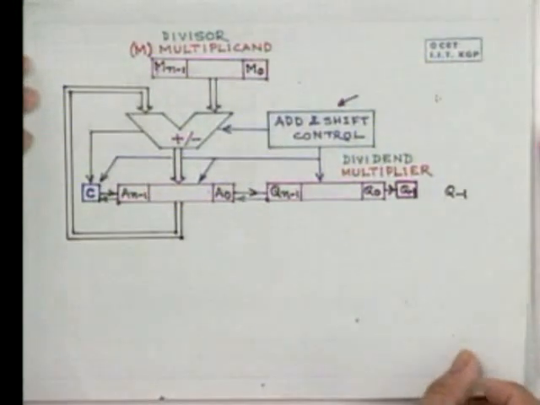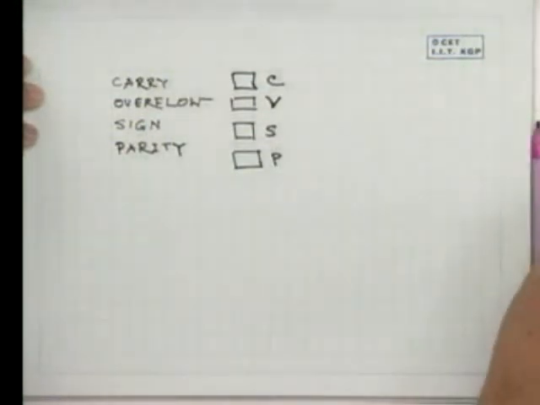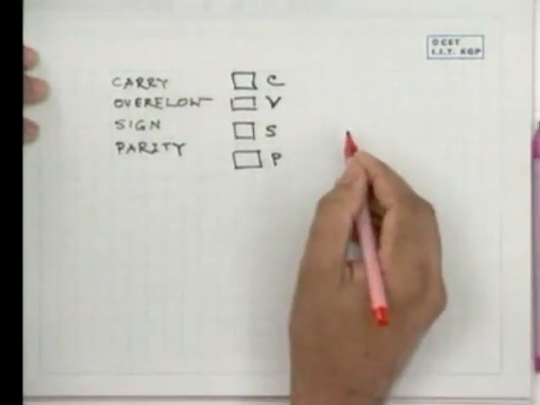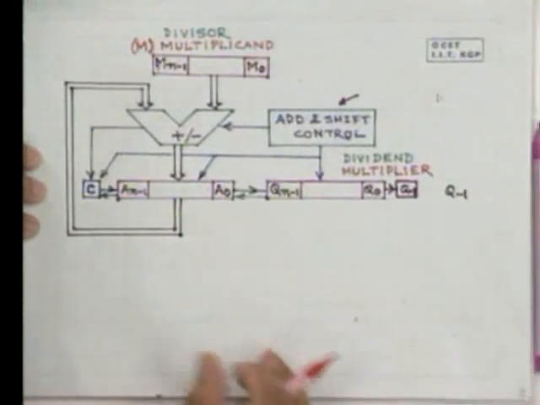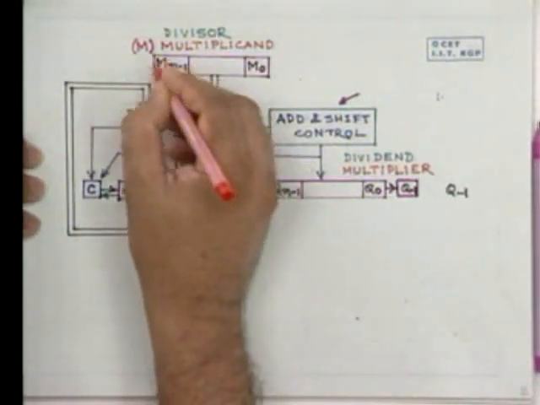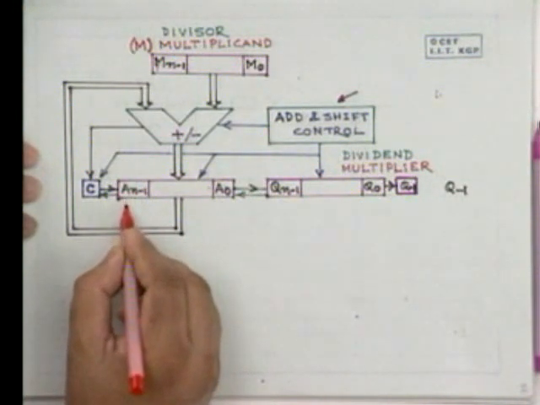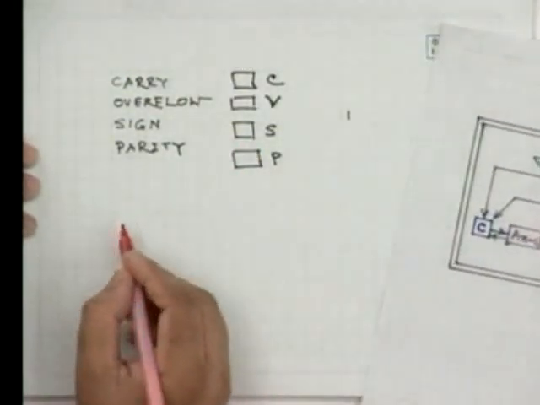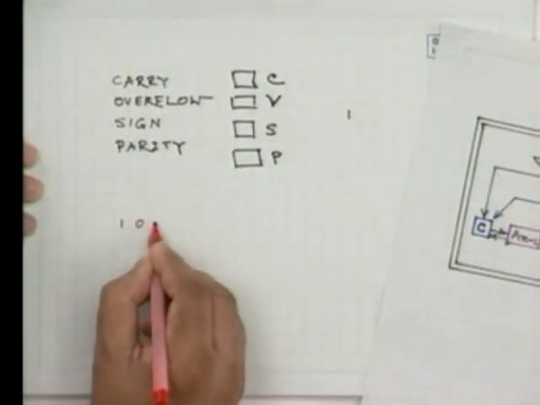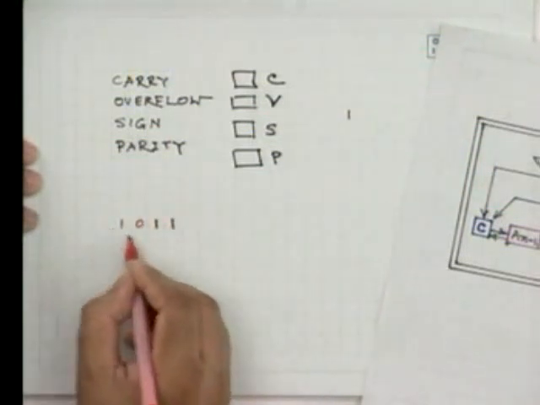The sign flag essentially, as I said, in the case of any representation, either sign magnitude or 2's complement, let us take 2's complement here, the first bit is a sign bit. Therefore, the first bit of any register is a sign bit, and if the result is here, this sign bit is taken to be the sign flag. And parity is, say for example, if a 4-bit number we take, say 1, 0, 1, 1, parity is the number of ones that we have in a representation.